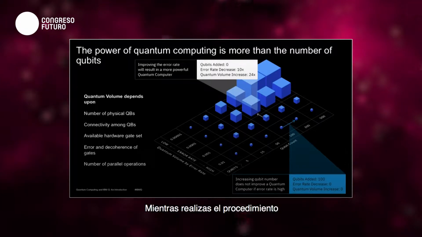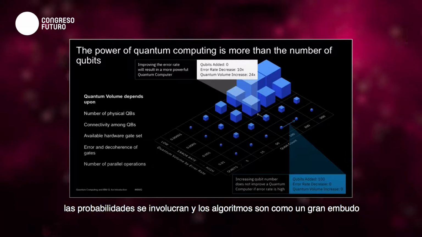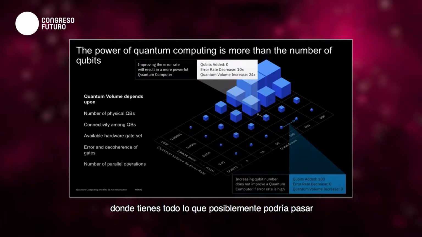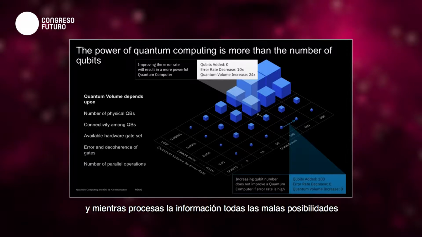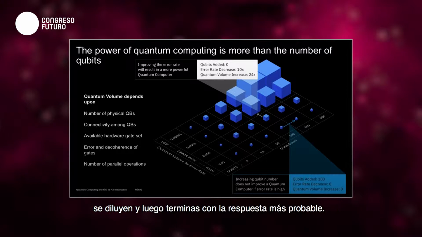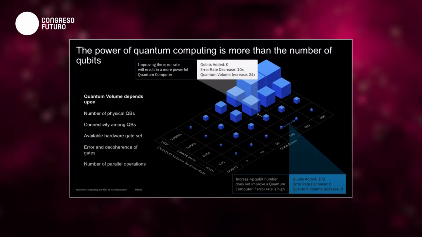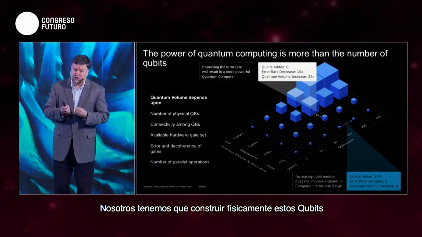As you are proceeding, they're getting really bonded to each other in different ways. Probability is involved, and the algorithm is like one great big funnel where you have every possible thing that could happen, and through your processing, all the bad possibilities fall away, and then you end up with the most probable answer.